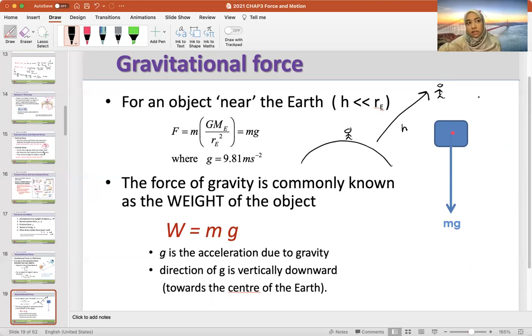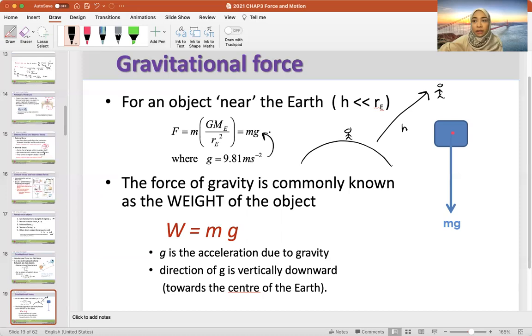So when does g equals 9.81 apply? Only when you are on Earth. It only applies when you are on Earth. So how did we determine 9.81? It is from this equation, and we will learn it in chapter 6. I'm just trying to tell you that g equals 9.81 only applies when you are on Earth.